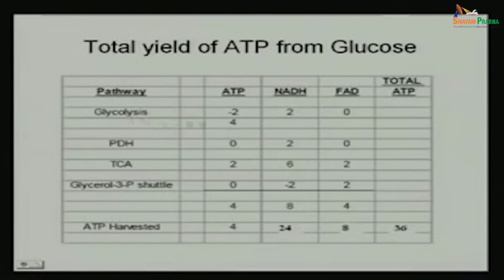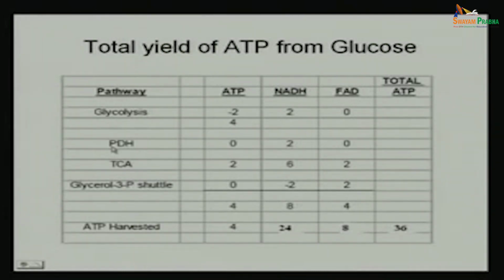It starts from glucose to pyruvate, pyruvate is converted to acetyl CoA, enters the TCA cycle, and then flows to the electron transport chain followed by oxidative phosphorylation, and here the cellular respiration is completed. In glycolysis, in the first step 2 molecules of ATP are consumed, so -2, 2 molecules of NADH are produced, and 4 molecules of ATP are produced.